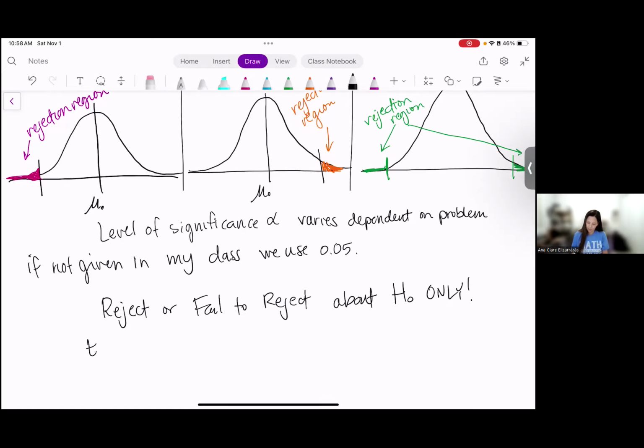And you have evidence or no evidence about the alternative only. Remember, we don't prove someone innocent, so we're not saying that we have evidence for the null. No, we either reject the idea or reject our assumption or not, and then we have evidence or not for our claim.